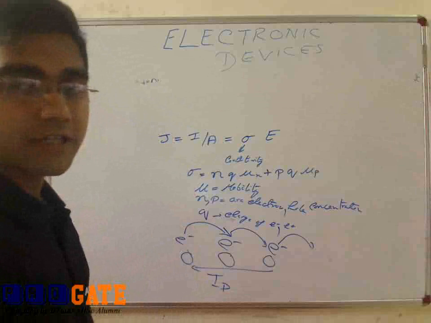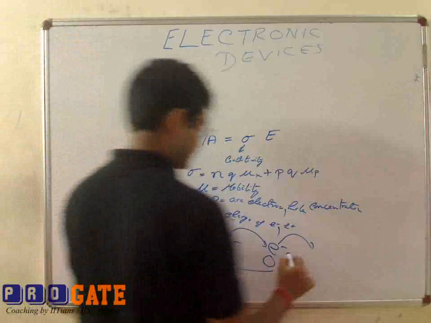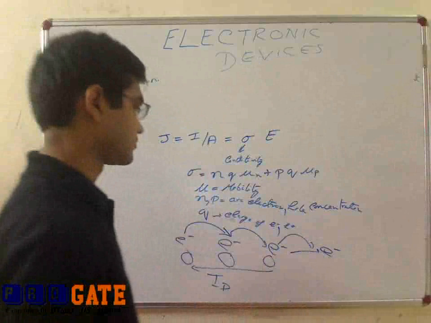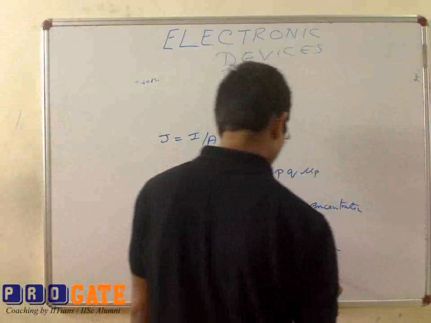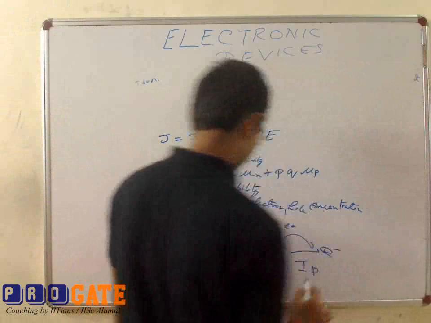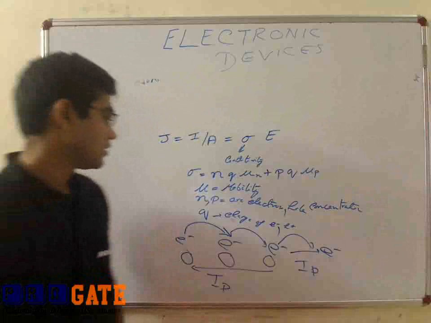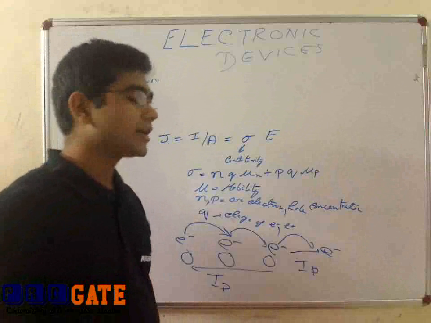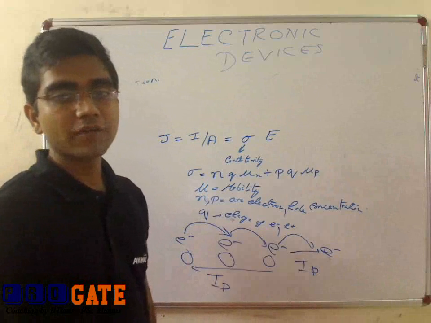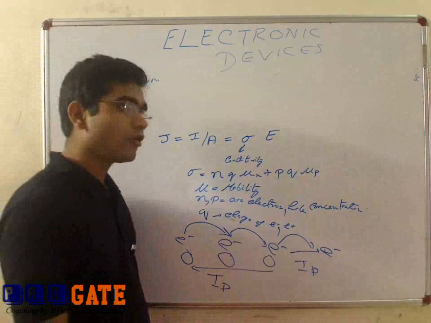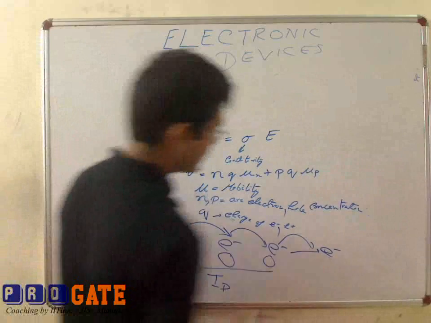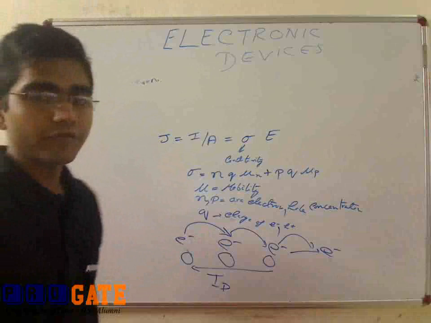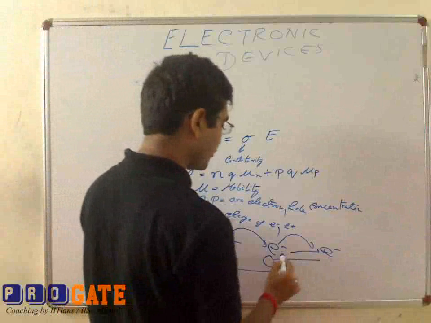The direction of flow of electrons is in this direction. Now by convention, the direction of flow of electrons is opposite to the direction of flow of current. So the direction of flow of current will be opposite to the direction of flow of electrons.